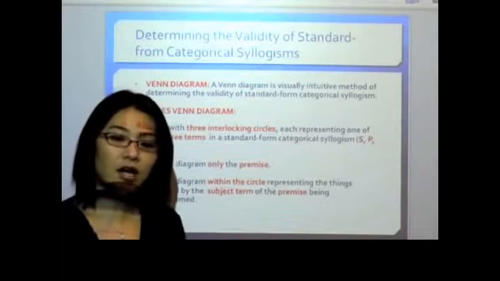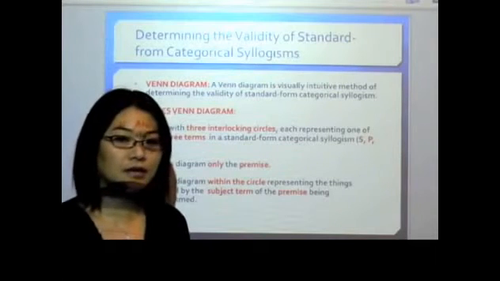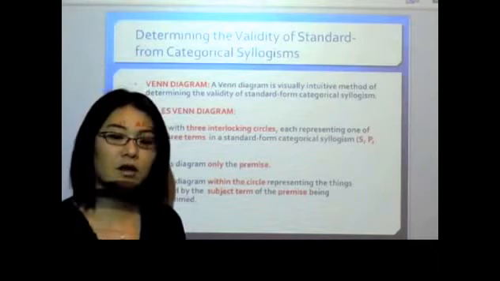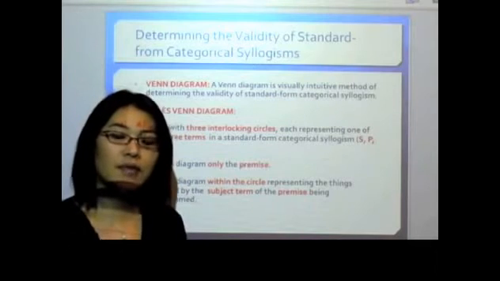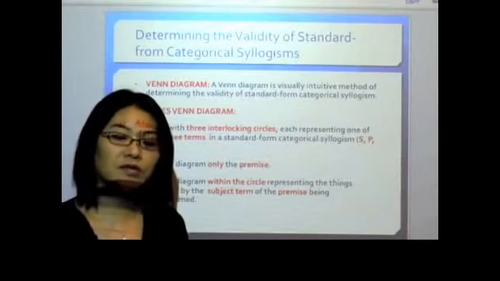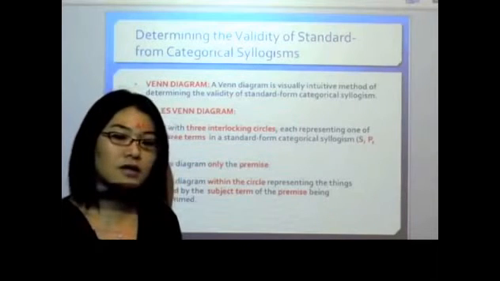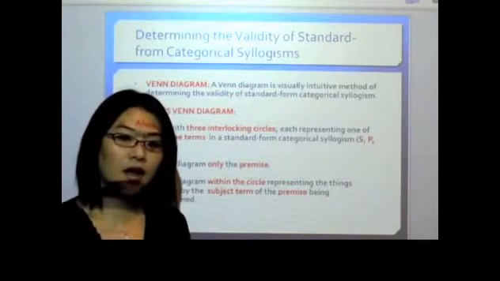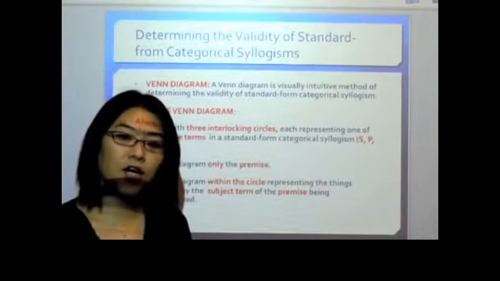And invalid arguments fail to fulfill this intent, okay? So invalid arguments are arguments in which if the premises were true, it's still possible for the conclusion to be false, okay? So these are the valid and invalid reasoning in deductive arguments.